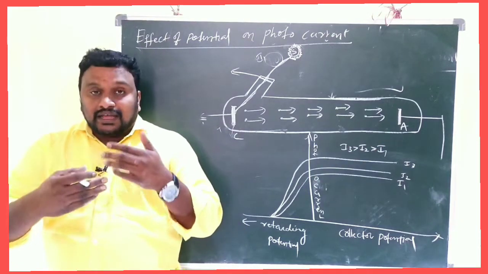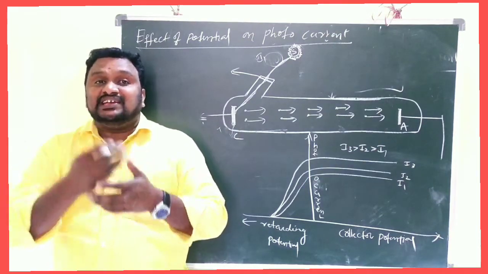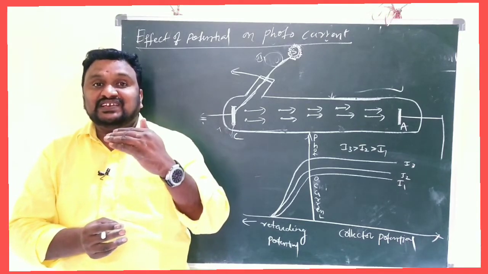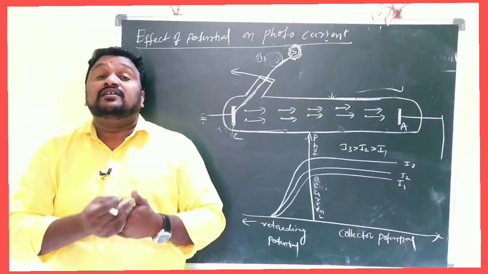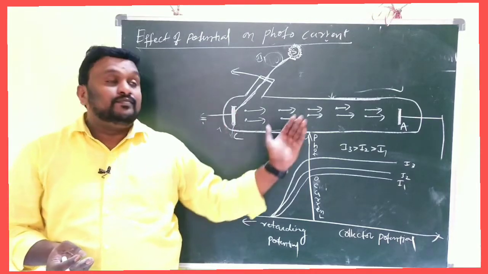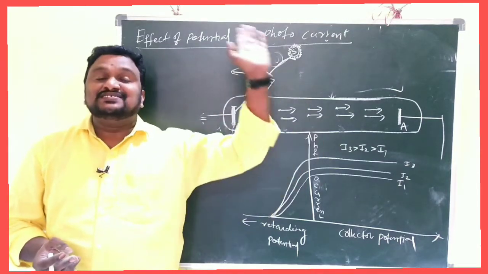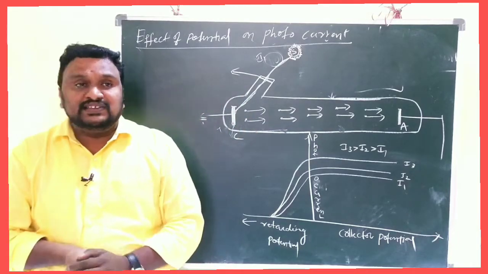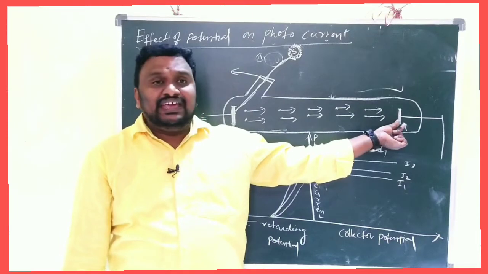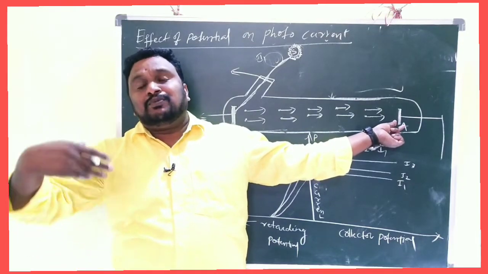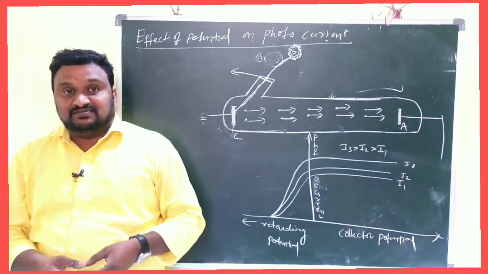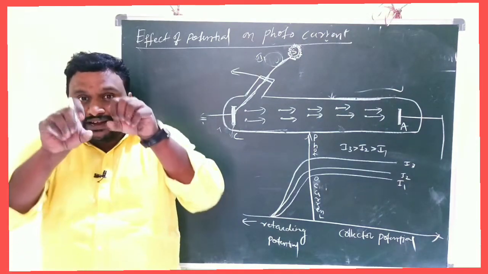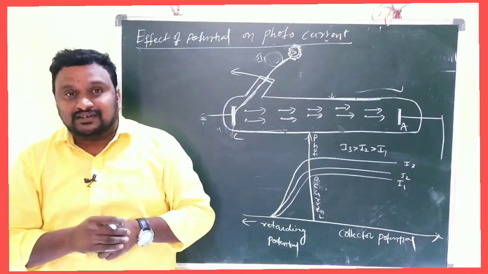When the potential of A is increased, obviously electrons will continuously go on. What does it mean when the potential of A increases? The positive charge of A increases. When the positive charge of A increases, A will attract more electrons.